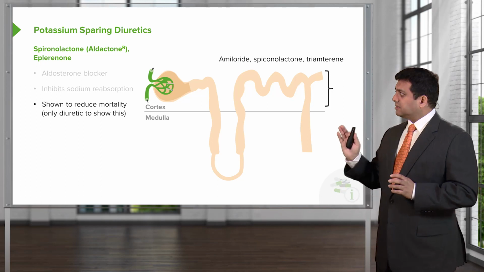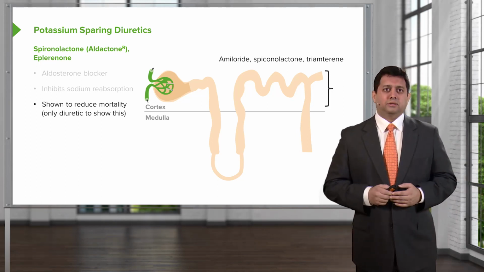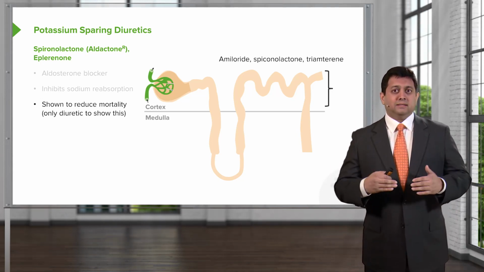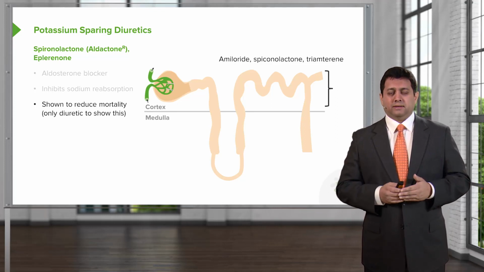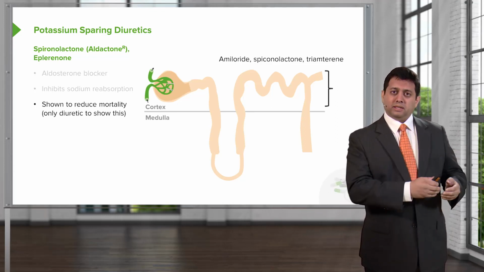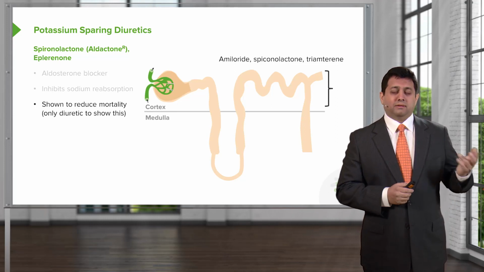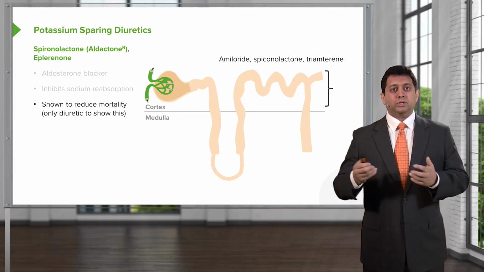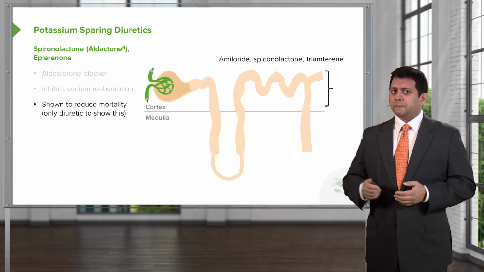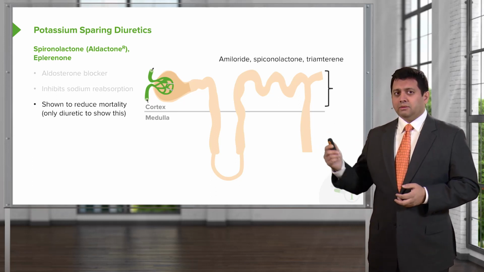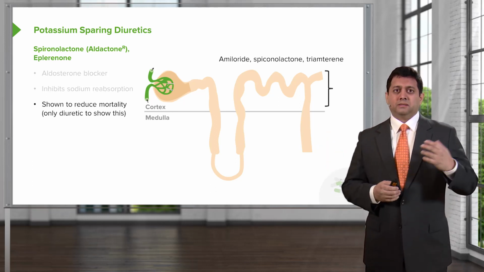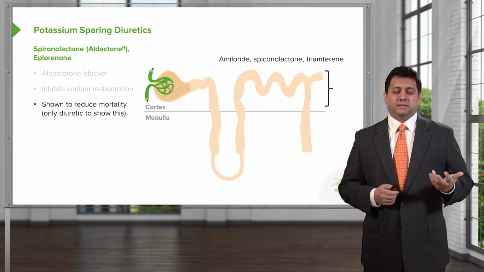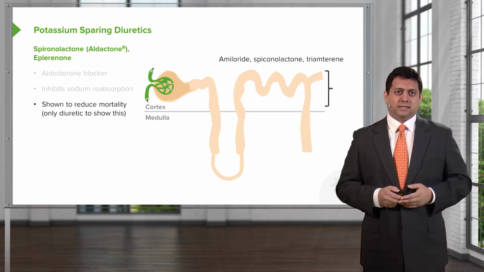Now, one of the downsides of a drug like spironolactone is that it does potentially raise your potassium level. And one of the most commonly used antihypertensive medications are either ACE inhibitors or ARBs, which also raise the potassium level. So although it's a great drug, we don't use it that much because the patient's already on a drug that raises potassium, and we don't want to raise potassium too much.